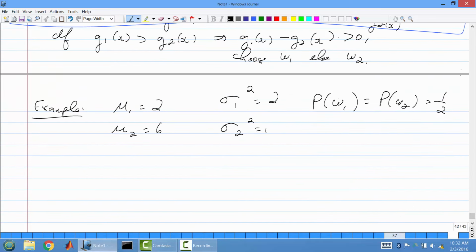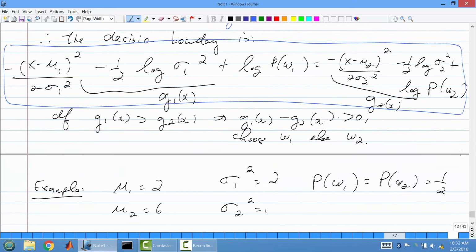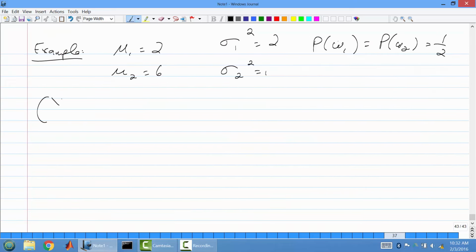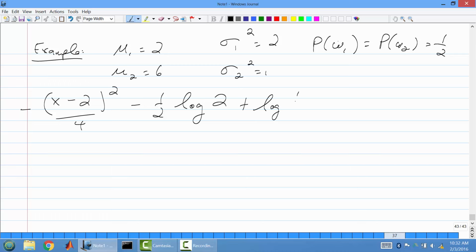Okay, so all I have to do is take these numbers and plug them into the equation above. So in this case, you're going to do x minus 2, and then 2 sigma squared, which becomes 4. And then minus a half log 2, that's what the variance would be, and then plus log of a half.